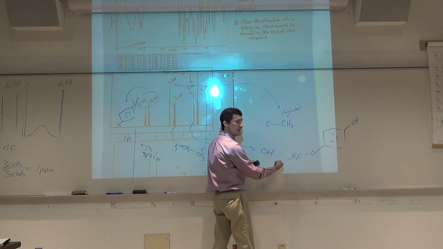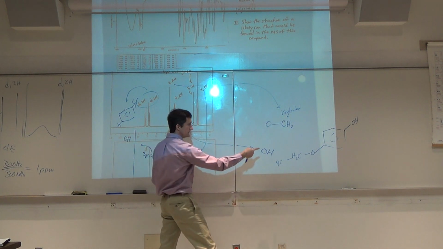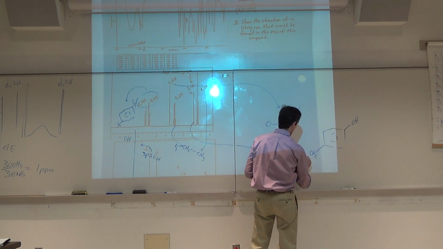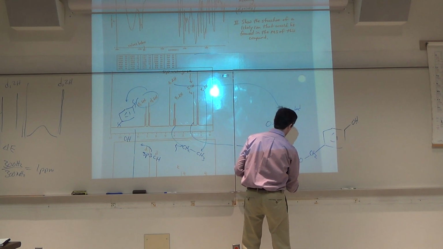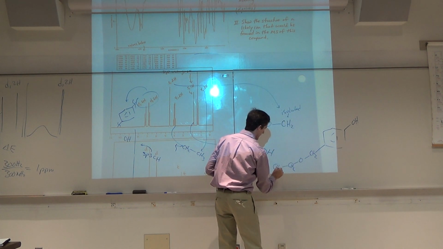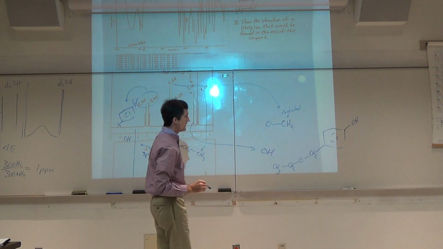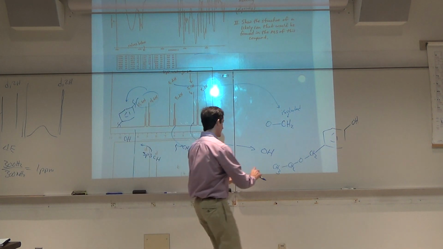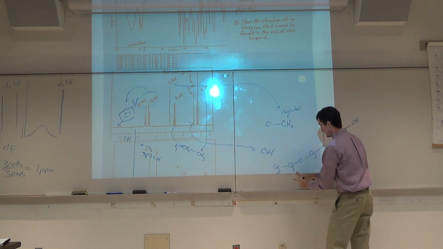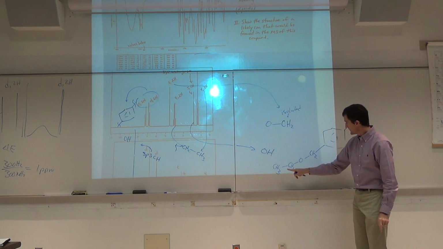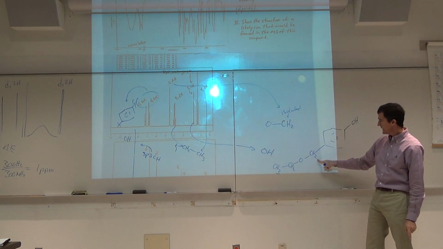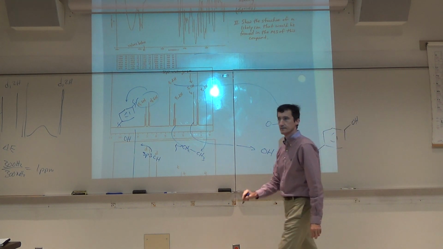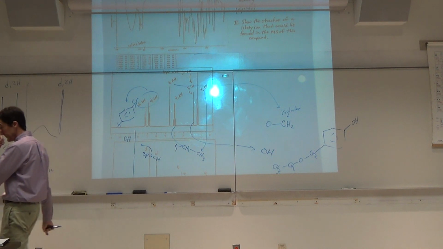Can't do that because then that will be next to the CH2. How about this? Does that still fit? Yes. Is this still going to be what we expect? Yeah. Is this going to be a singlet 2H? Yes. Is this it? Yes. Maybe.